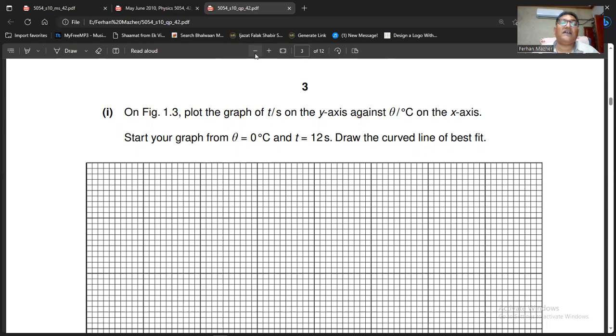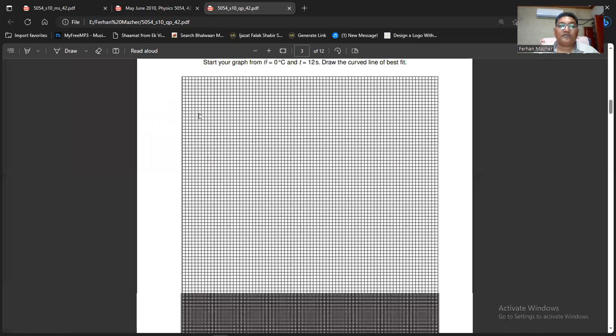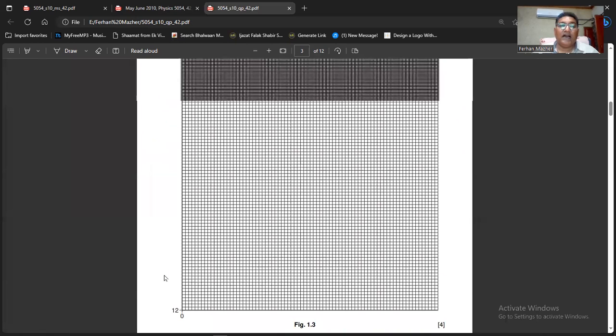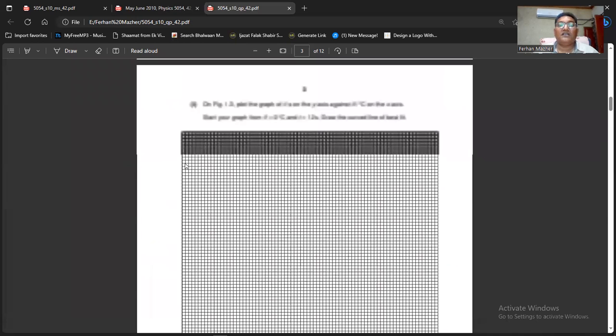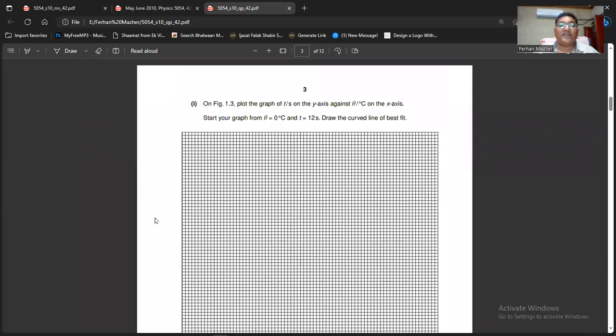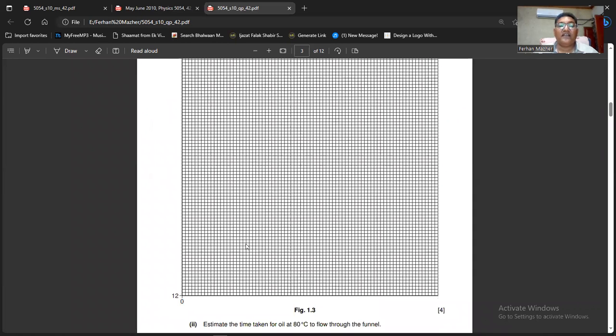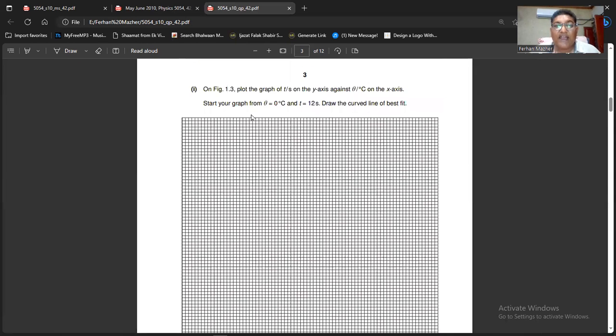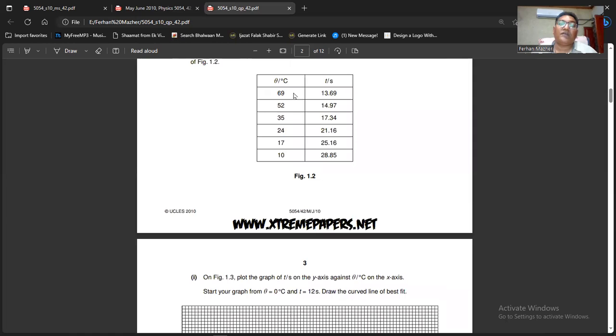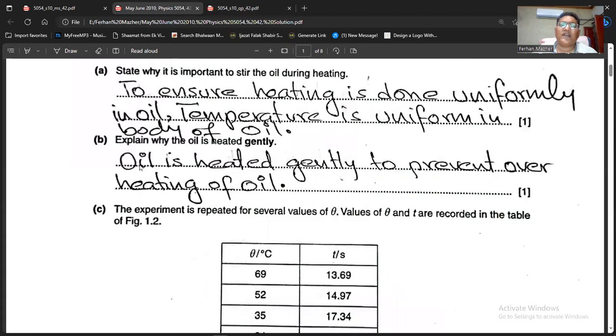Here the time is starting from 12 seconds, and it's a 4 marks question. The reading of your temperature is going from 10 to 69, and the reading of the time is going from 13.69 to 28.85.